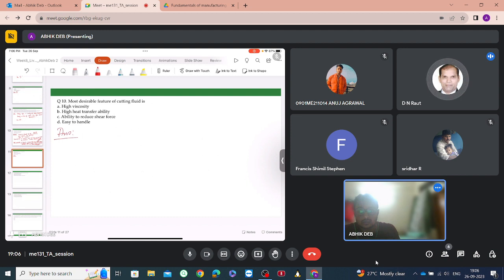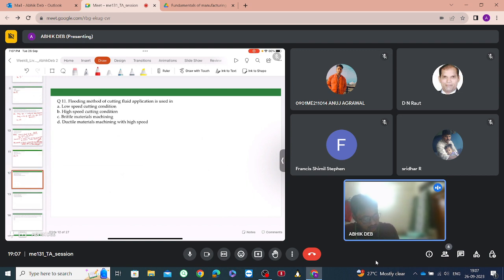So the specific heat and the heat conductivity of the cutting fluid should be high, so that with a lesser amount of cutting fluid only, a larger amount of heat can be taken away from the interface, whatever interface we are considering. If it is high viscosity, then it will be difficult to flow easily. So the correct option is option number B.